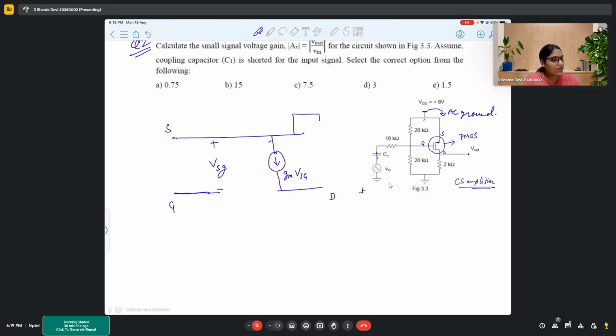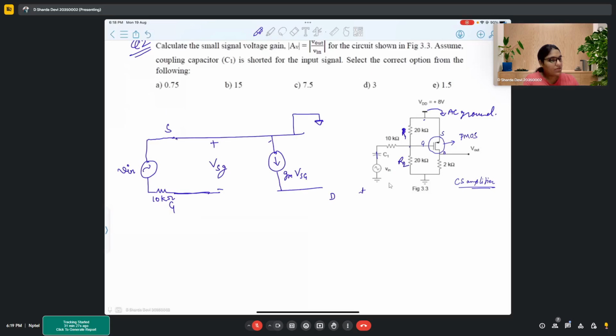Okay, since this is grounded, let's ground this, and input is connected, let's say, between ground and VG. So this is Vn with a resistor of 10 kilo ohms. Then between ground and gate, we have two resistors, these 20 kilo ohm, R1 and R2.